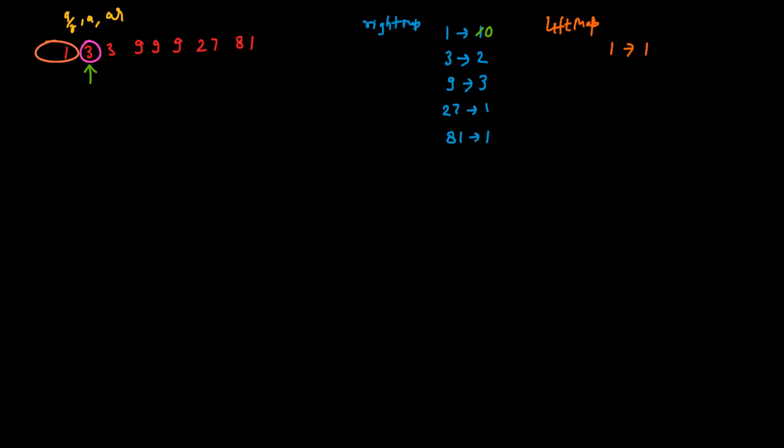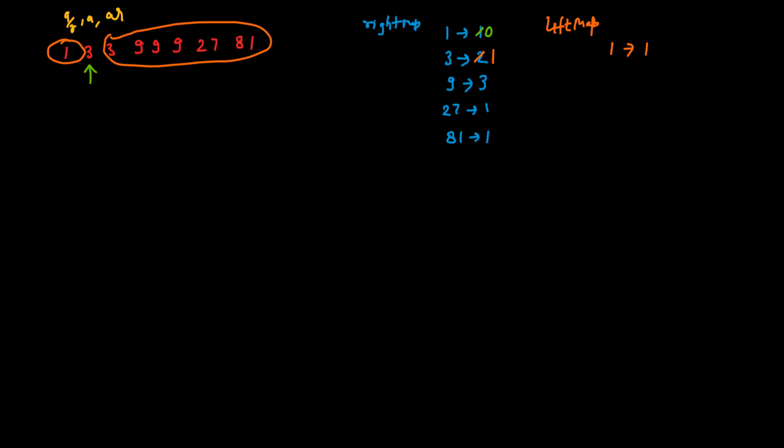So this is the right map, guys, and now this is the left map. In the left map we have frequency of 1 for the element 1, and the right map already has frequencies, but we have to reduce the frequency of 3, because previously it was 2. Now the right map size got reduced, so I'm changing it to 1.